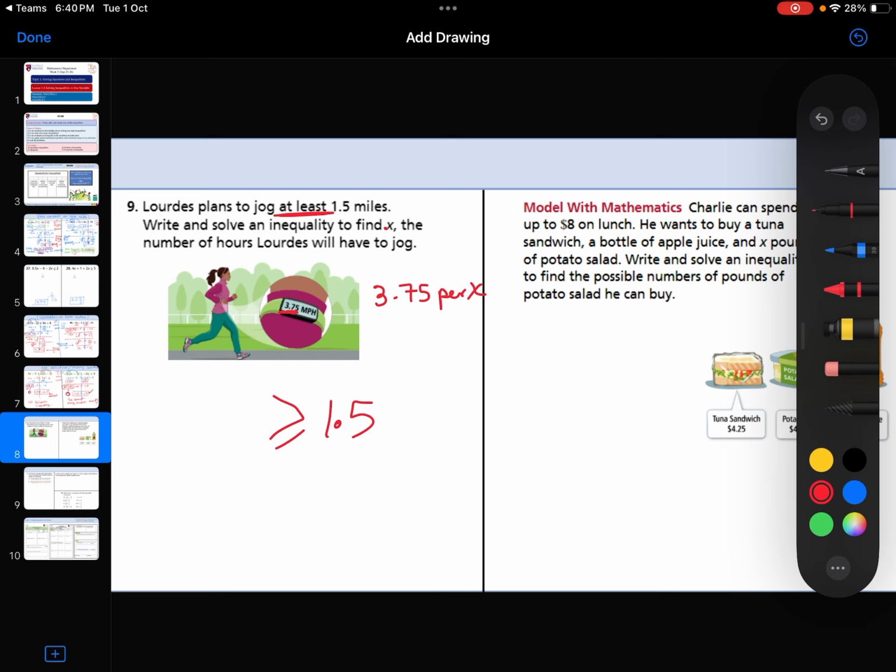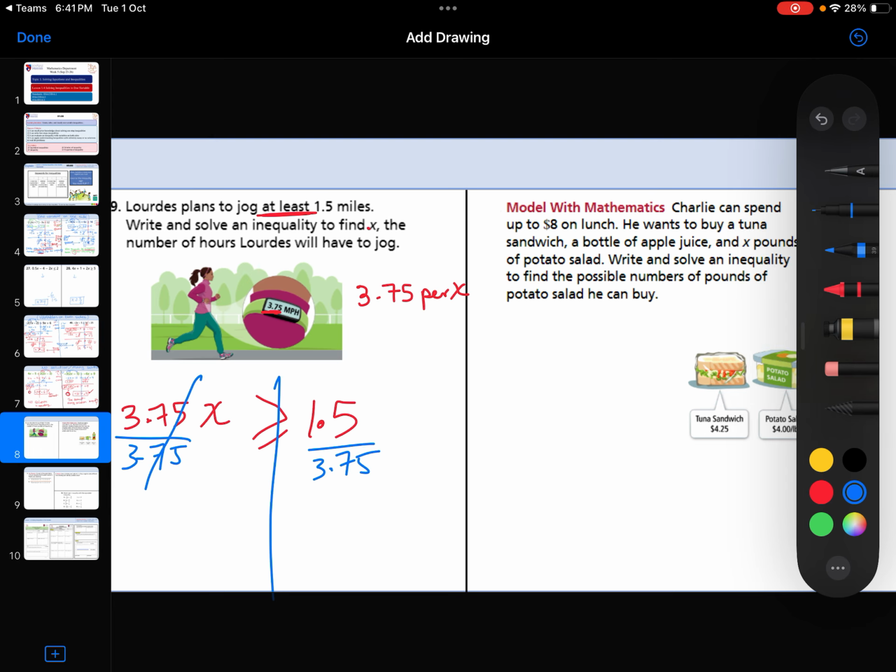Can I write down that she's going to jog 3.75 miles per hour times the hour, x? Yes, you can. That's it, your inequality is ready. Just start solving it. Just divide by 3.75 on both sides. X is more than or equal to this thing. You have to find it out.